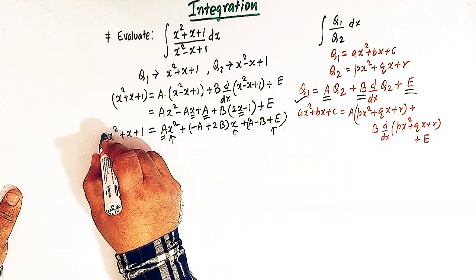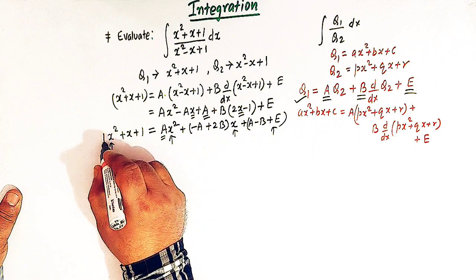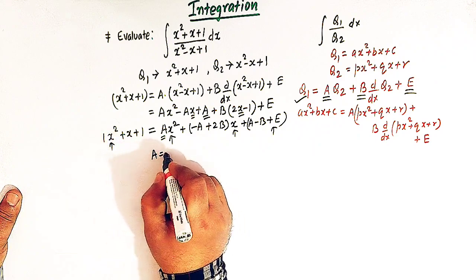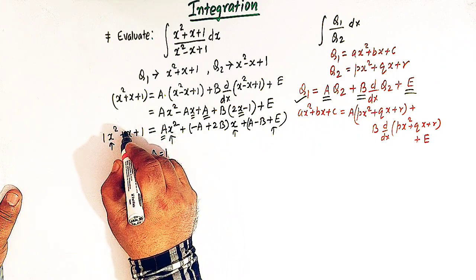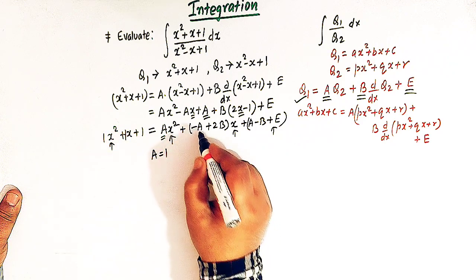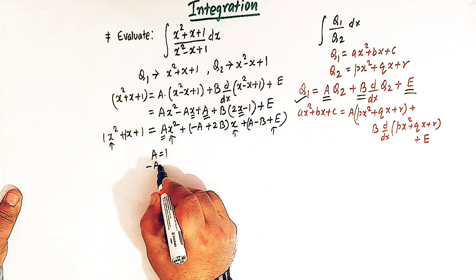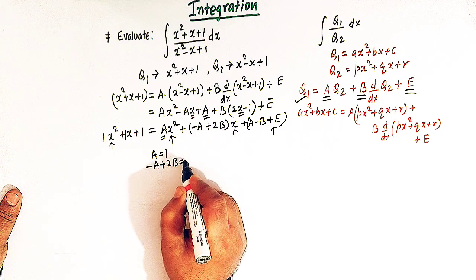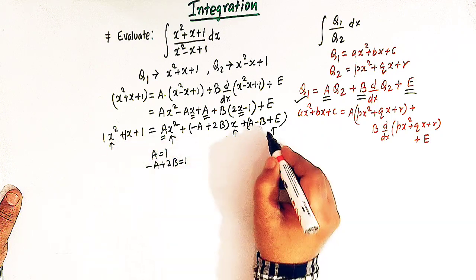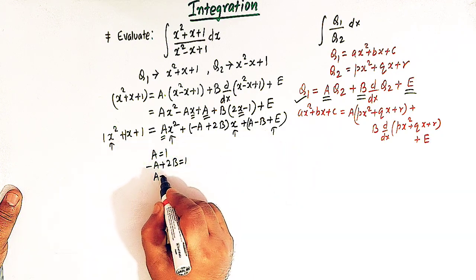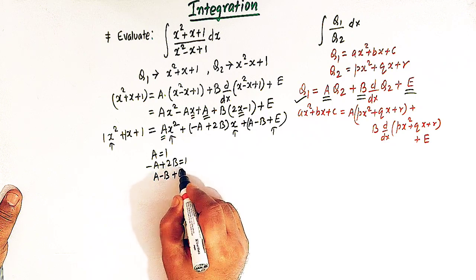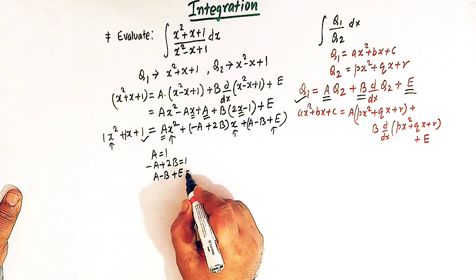Okay, so now let us compare both the sides, the coefficients of x square, x, and the constant term, right? The coefficient of x square is 1, so we have a is equal to 1, and the coefficient of x is 1, so we have the equation minus a plus 2b is equal to 1, and the constant term a minus b plus e is equal to 1, right?